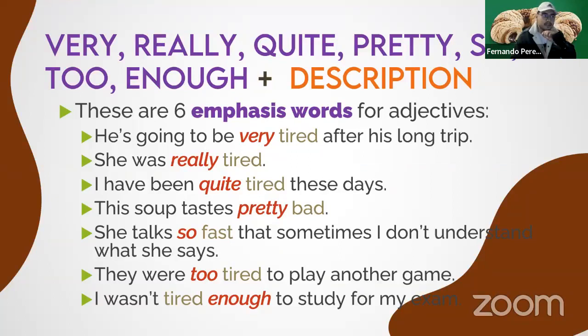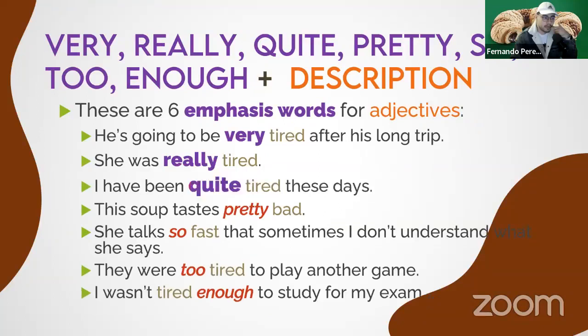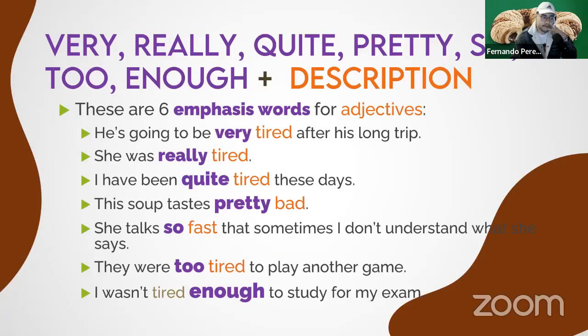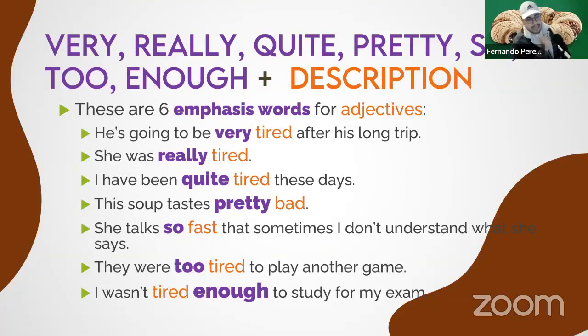And we use them to make an emphasis on an adjective. For example, over here you have very tired, really tired, quite tired, pretty bad, so fast, so tired, tired enough. Let's start the analysis.